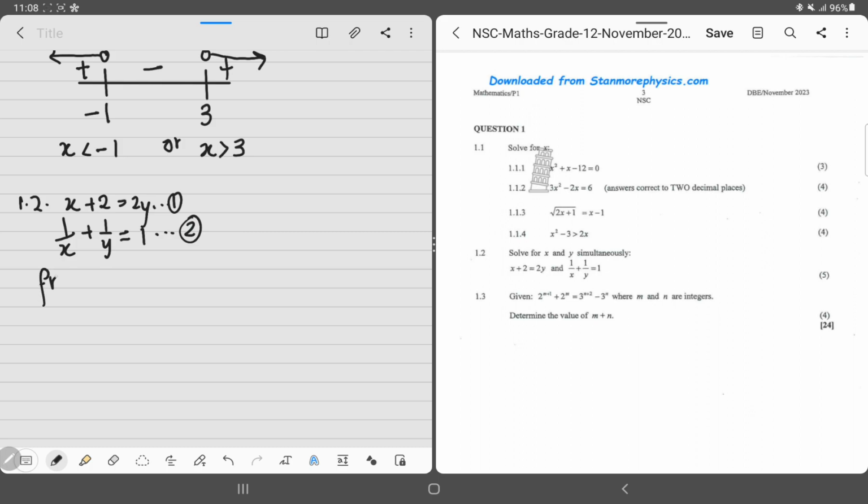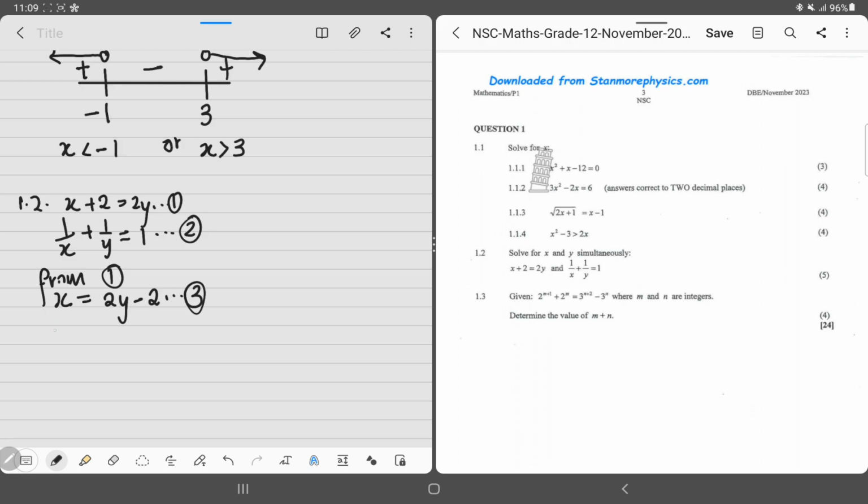So from 1, we know that x should be equal to 2y minus 2, which is going to be our equation 3. I simply just took the 2 and transposed it to the other side.